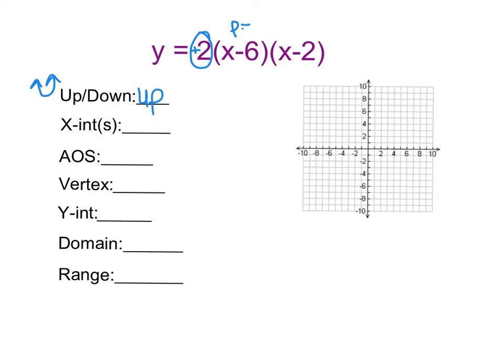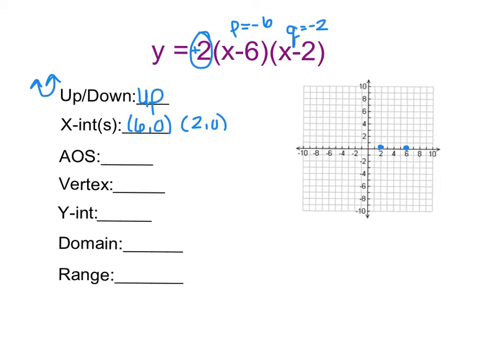So here, P is equal to -6, and Q is equal to -2. So I know that my x-intercepts occur at (6, 0) and (2, 0). So I can go directly to my graph and plot those x-intercept points. Those are where I cross the x-axis.